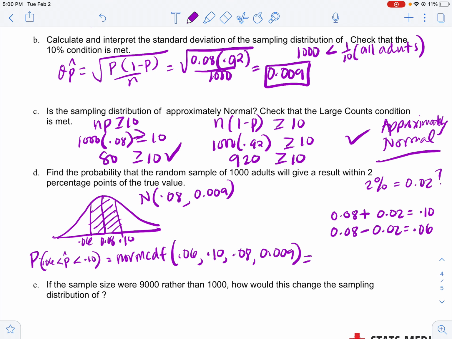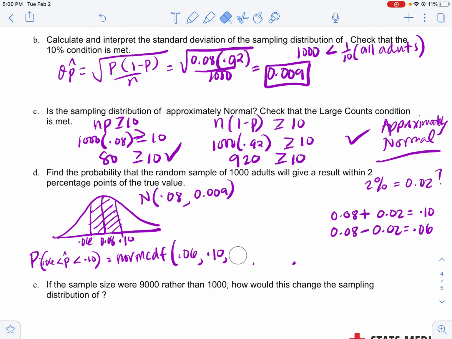I'll go to menu, statistics or probability, doesn't matter. Go to distribution and then normal CDF. You put 0.06 as your lower bound, 0.10 as your upper bound, 0.08 as your mean, and 0.009 for your standard deviation.